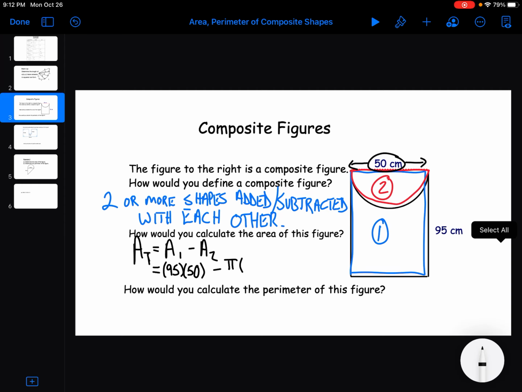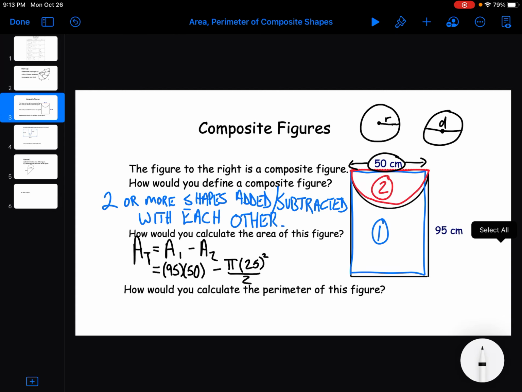When we look at a circle, our radius, or r, only goes right to the middle, and d, our diameter, goes all the way. So this would be pi times 25 squared, but we need to divide it by 2 because we've got half of a circle.